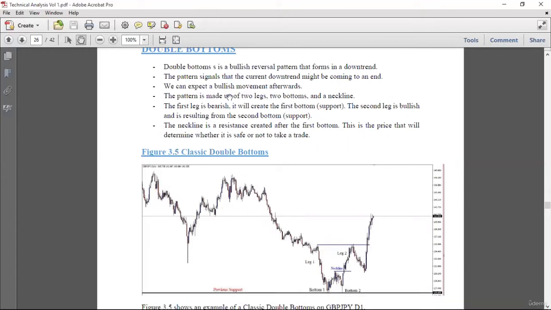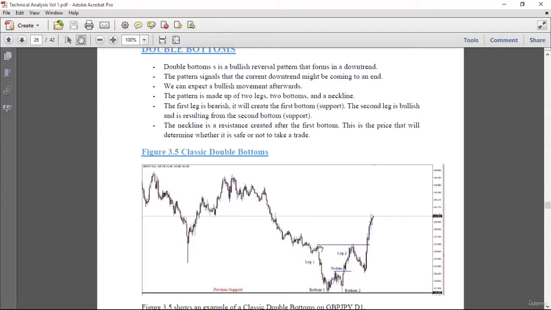But you will have something like this, in a downtrend, signaling that the downtrend might be coming to an end. Then you can expect a bullish movement after the neckline is broken or when the pattern is unfolding.